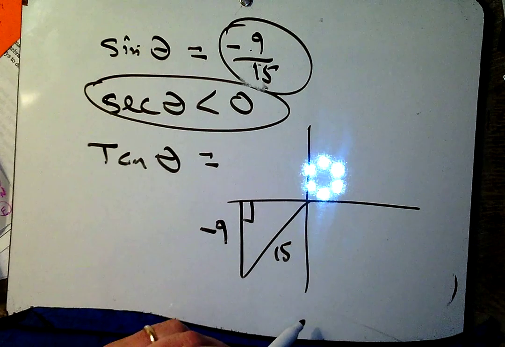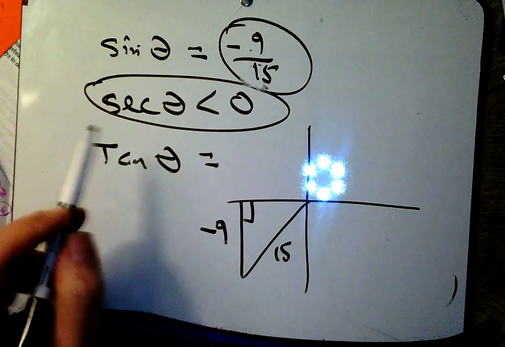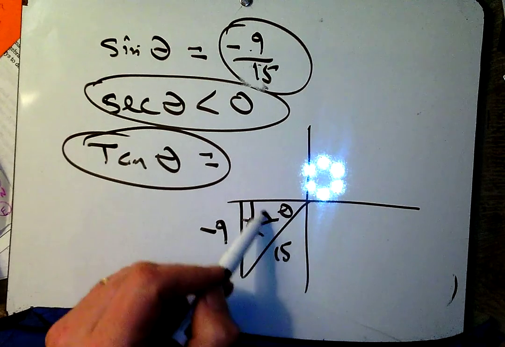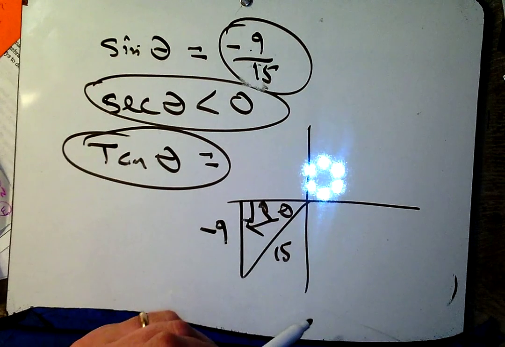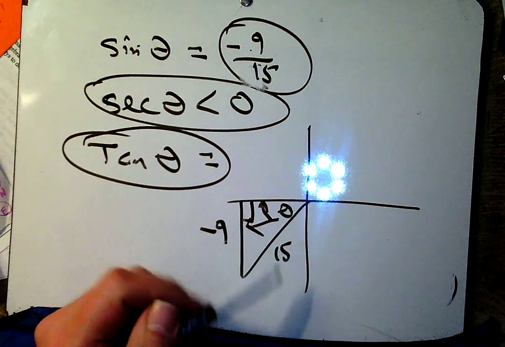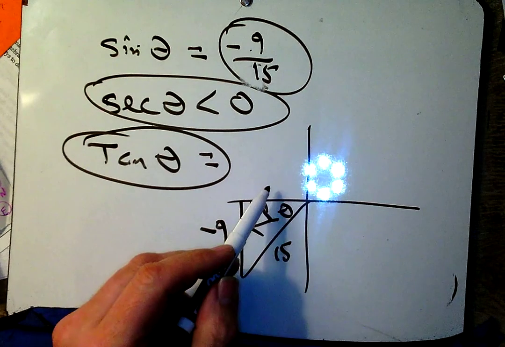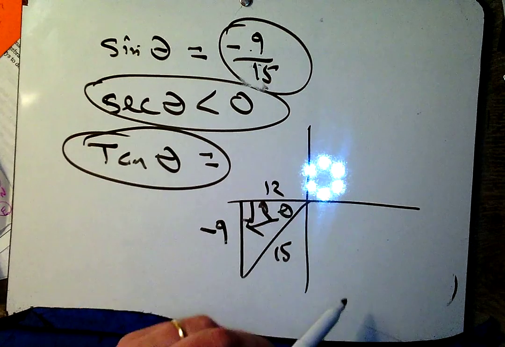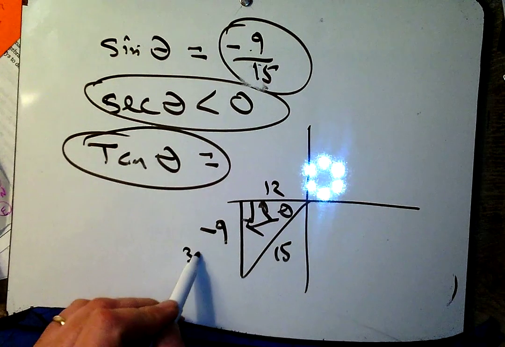So that's like that. Okay, so we've got negative 9. We've got 15. In order to find tangent, not only do I need the opposite, but I also need the adjacent. How am I going to find that? Yes, I could use the Pythagorean theorem, or I could recognize my triples.